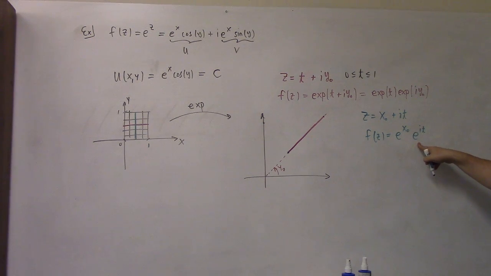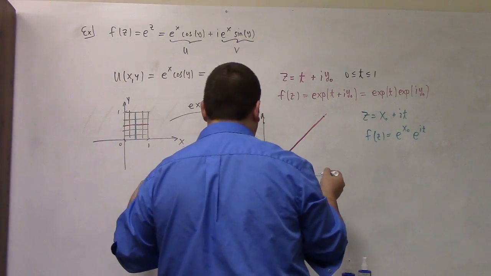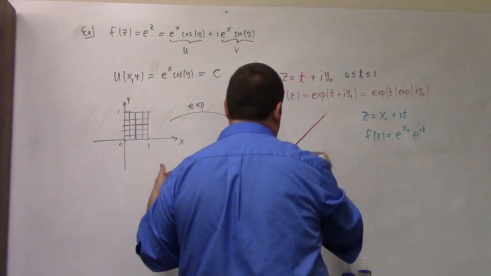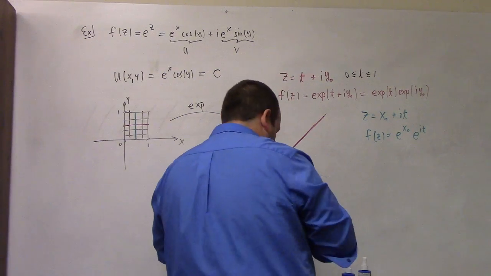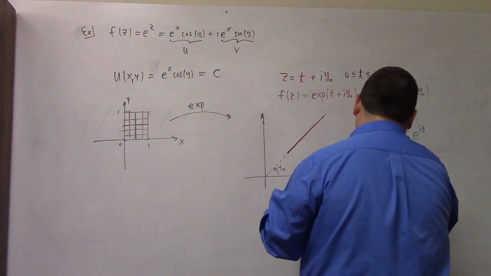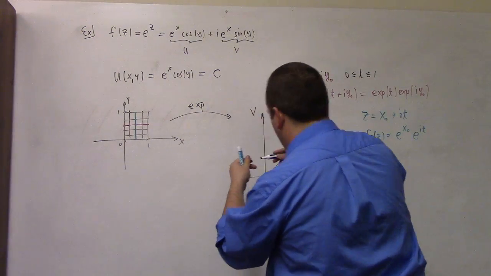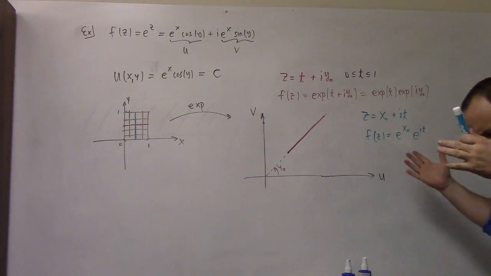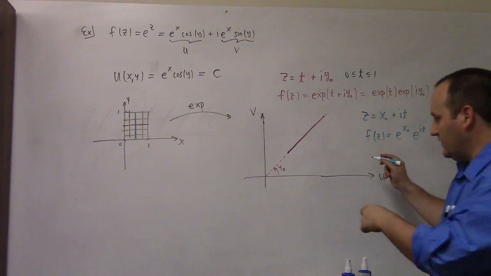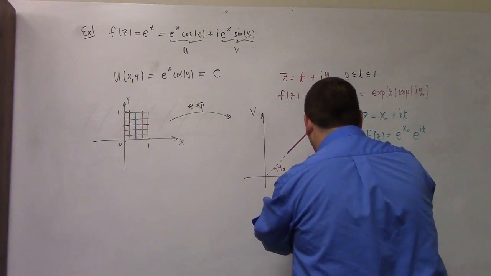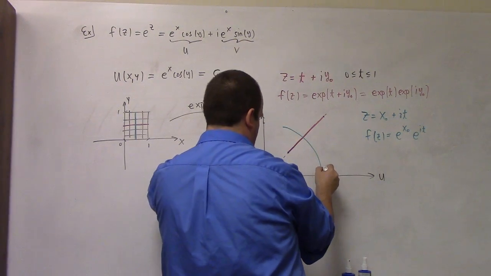One radian is about 57 degrees. So you're looking at e to the x naught, which is bigger than 1. This is not x anymore; over here we have the uv plane, right? So I'm just saying we sweep from angle 0 to angle 1, something like that.